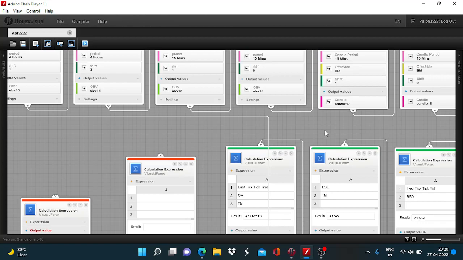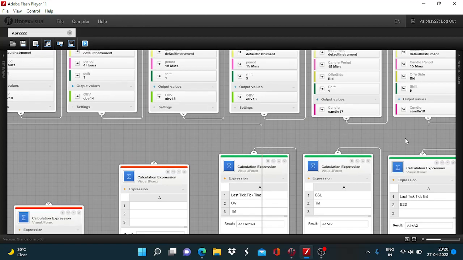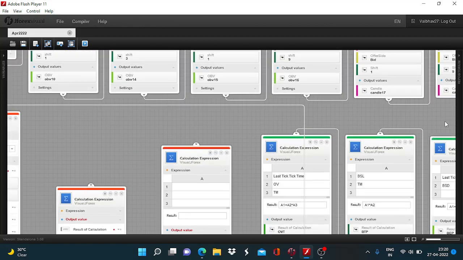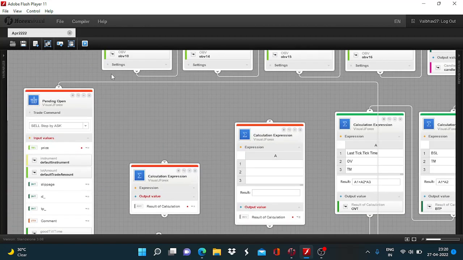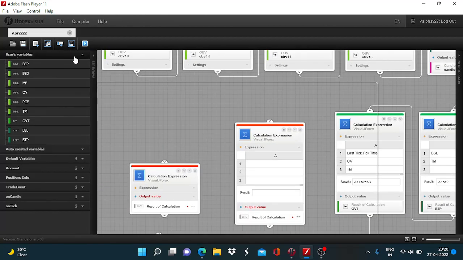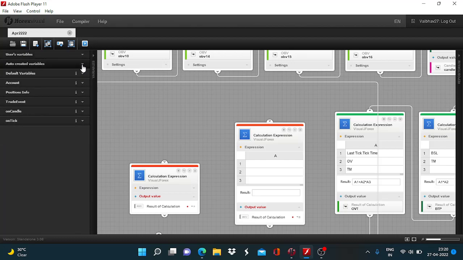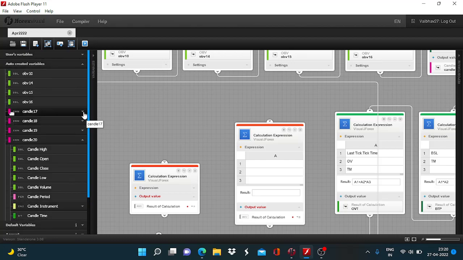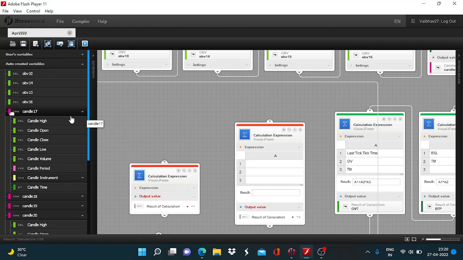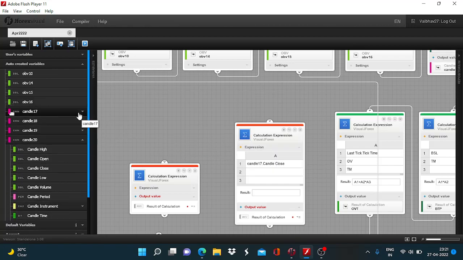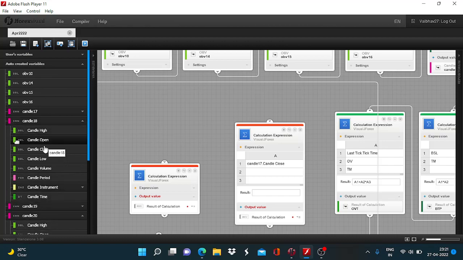We have to simply deduct candle 18 candle close, which was lower compared to the candle 17 candle close. So for that, I'm going to look into auto-created variables. Candle 17 candle close minus candle 18 candle close.